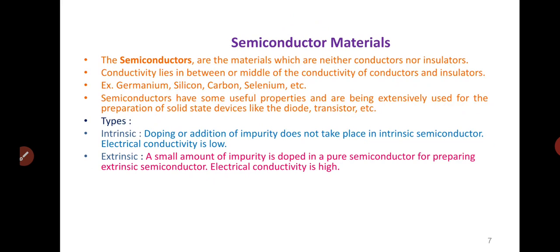Light detectors are commonly made with CdS, cadmium sulfide, then other compounds like gallium arsenide, gallium phosphide, etc.